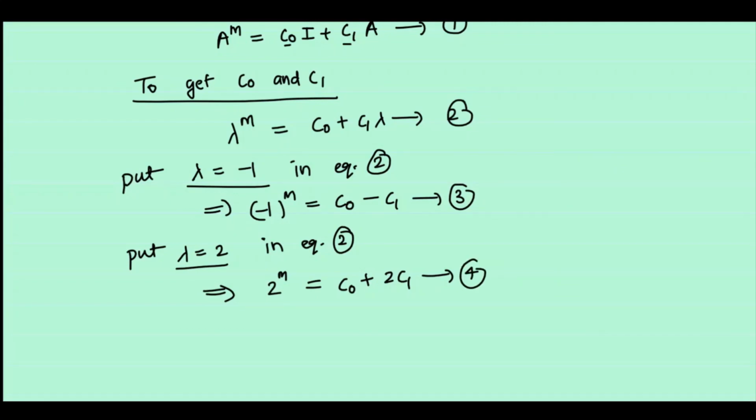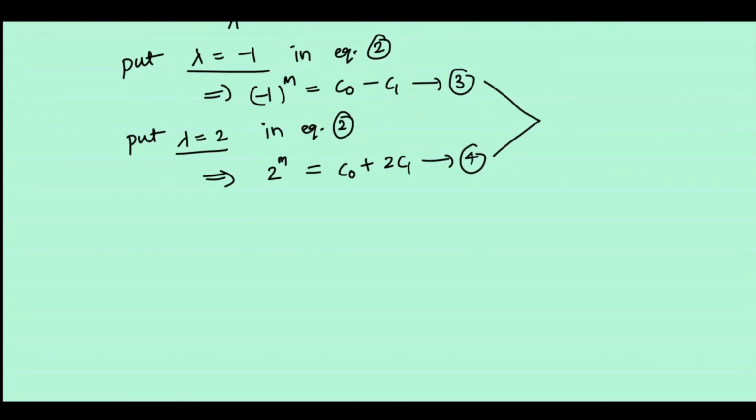Now, solve equations 3 and 4 to get the values of C0 and C1. These are two equations in two unknowns, and we can solve them by any method. Get the values of C0 and C1 and substitute in equation number 1. So we can compute A raised to m for any value of m.